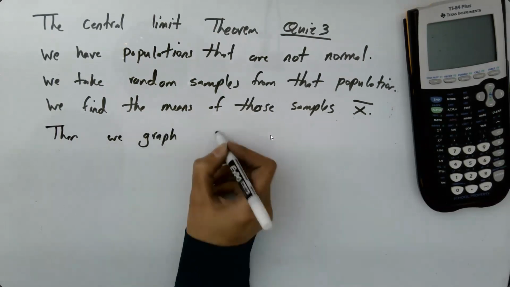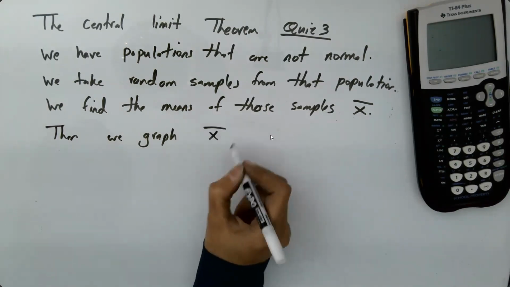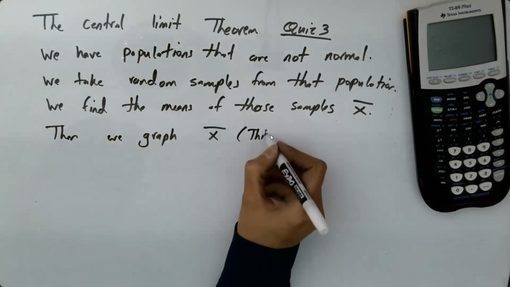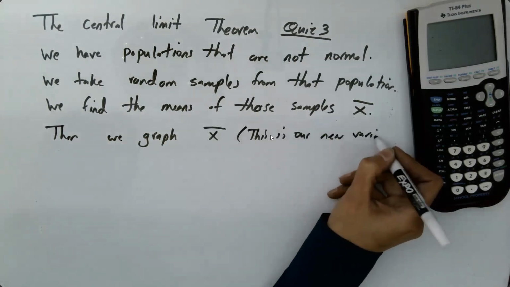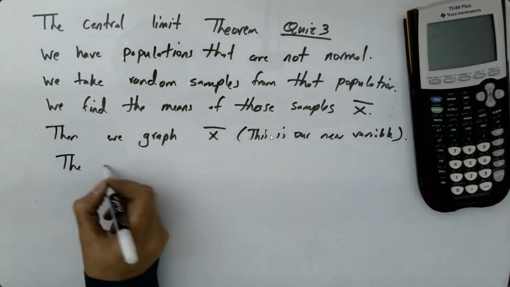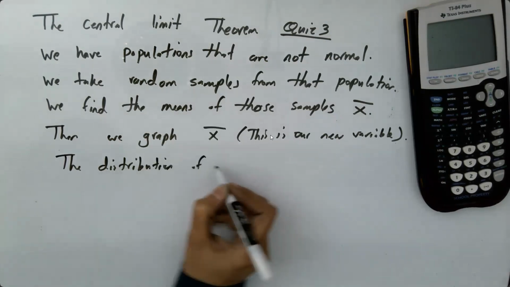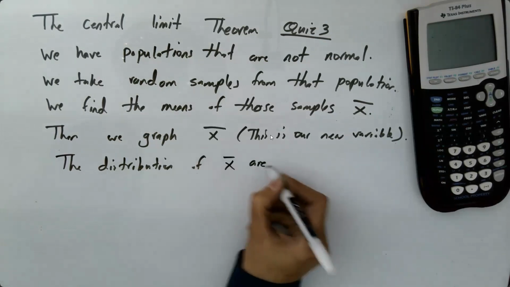Then we graph X bars. So now your variable is the mean of the sample. This is our new variable. The distribution of X bars is normal.